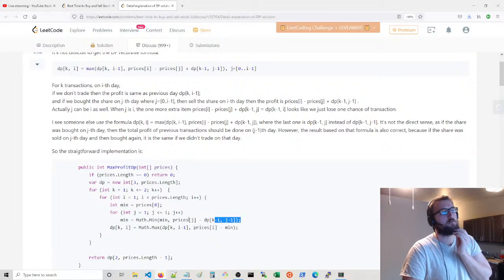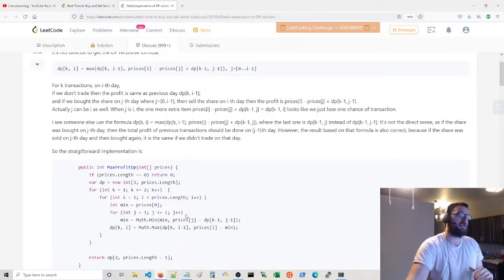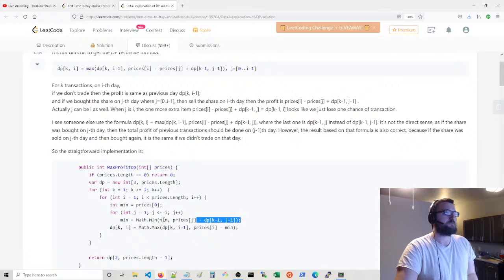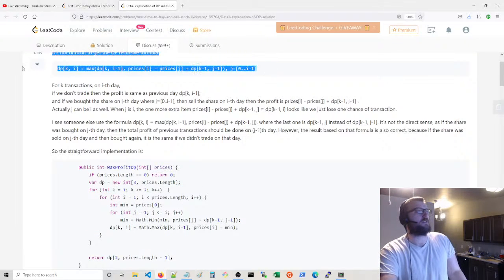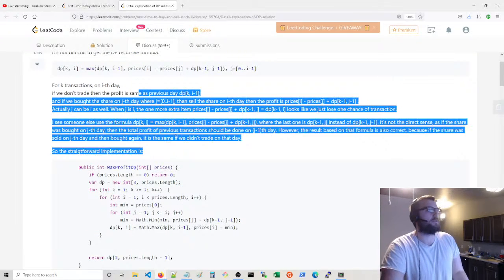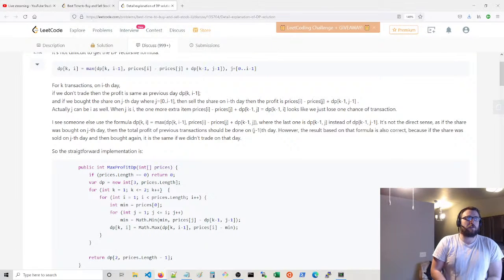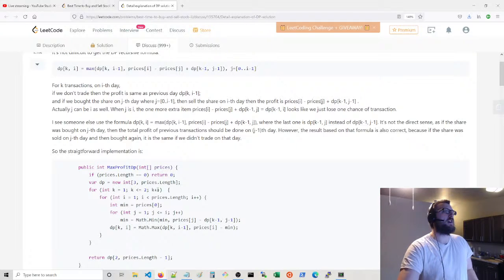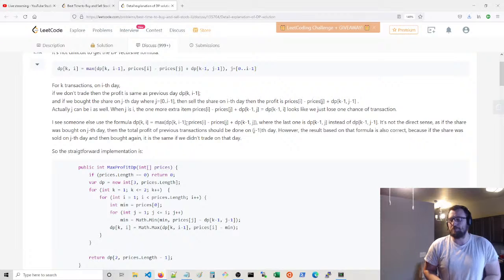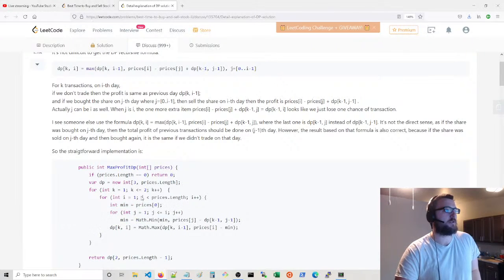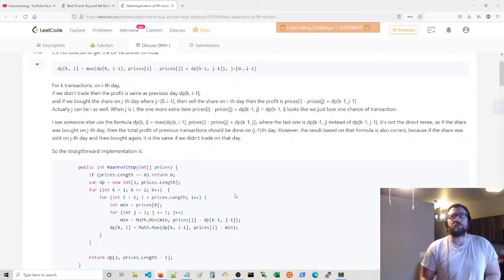But yeah, he's actually brute forcing that. He's going every single day, right, to find that minimum. And he's not quite dumping this formula into a triple for loop where you're actually using, I'm sorry, he is dumping it into a triple for loop, but in other words, this minimum calculation is not required to save all of the previous best solutions.